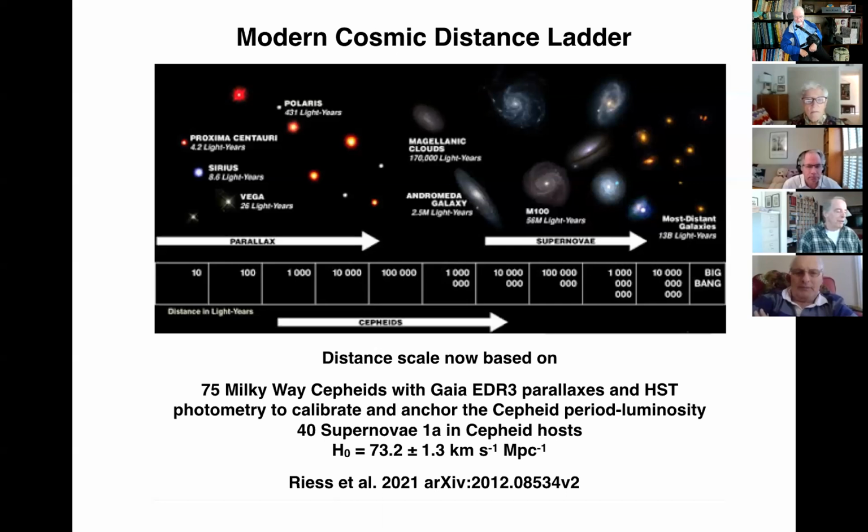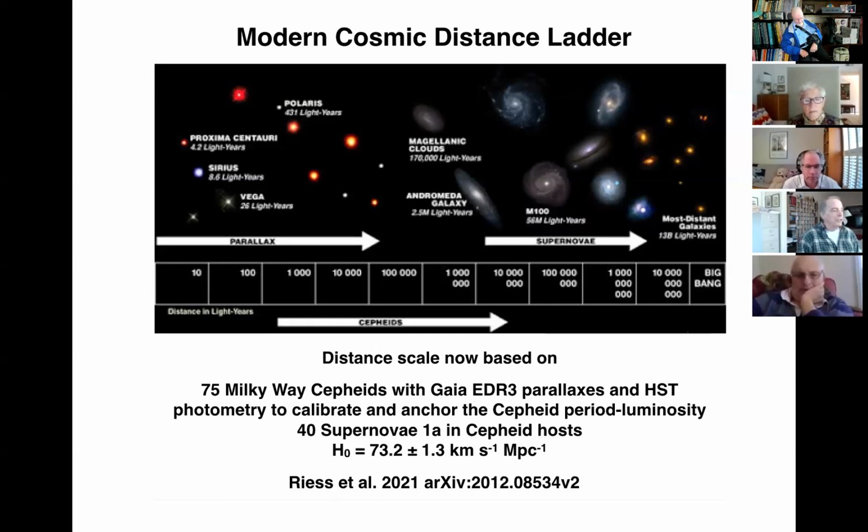And we came out with a Hubble constant of about 73 kilometers per second per megaparsec. And let me remind you that a parsec is a little over 3 light years, if you think light years instead of parsecs.